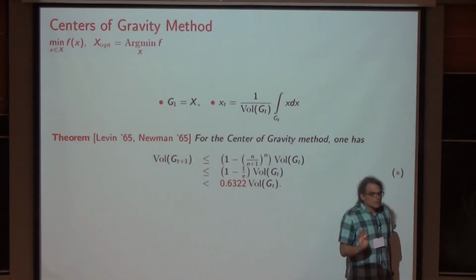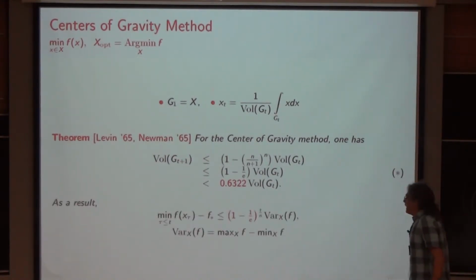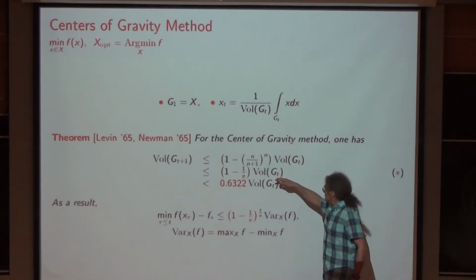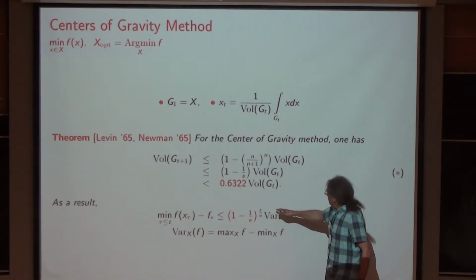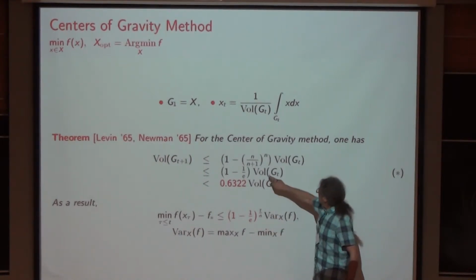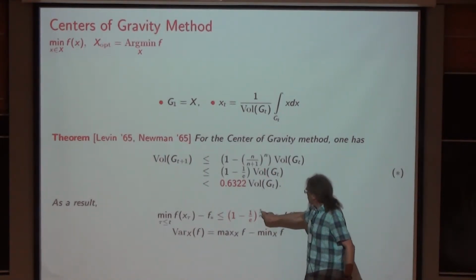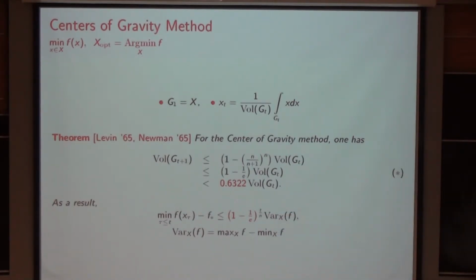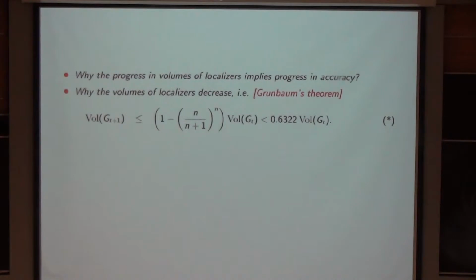And this is a highly non-trivial fact. As a result, due to this convergence of the volumes of the localizer, the objective will also converge fast, with the rate of convergence of the volumes to the power 1 over n, 1 over the dimension.